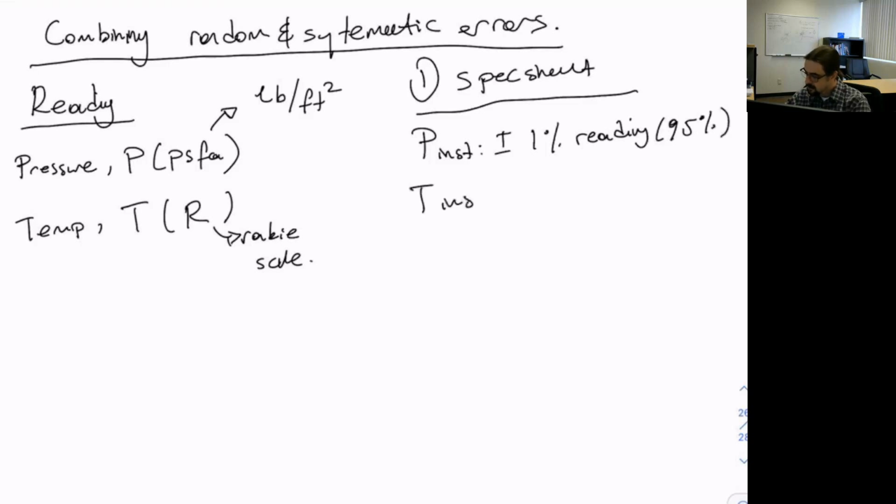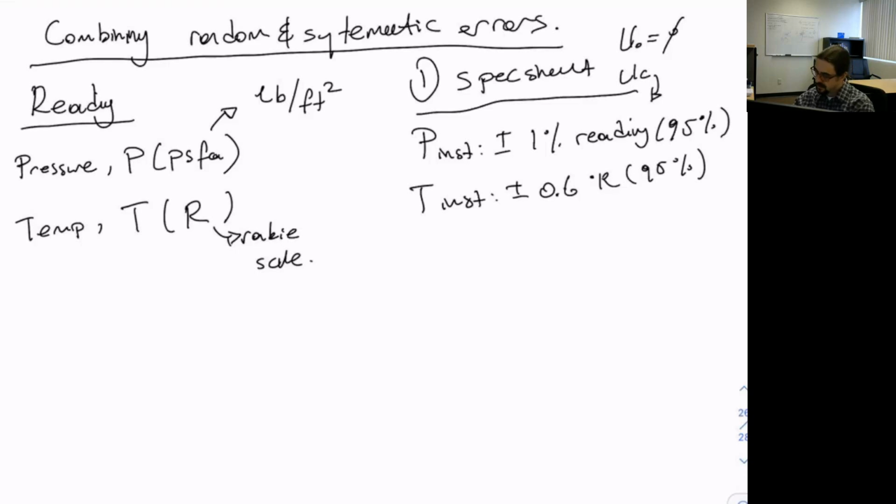My T instrument error is plus minus 0.6 Rankine, also at 95 percentile. These are the spec sheets, so we are assuming that U0 is 0, and UC are these values, just for simplicity.